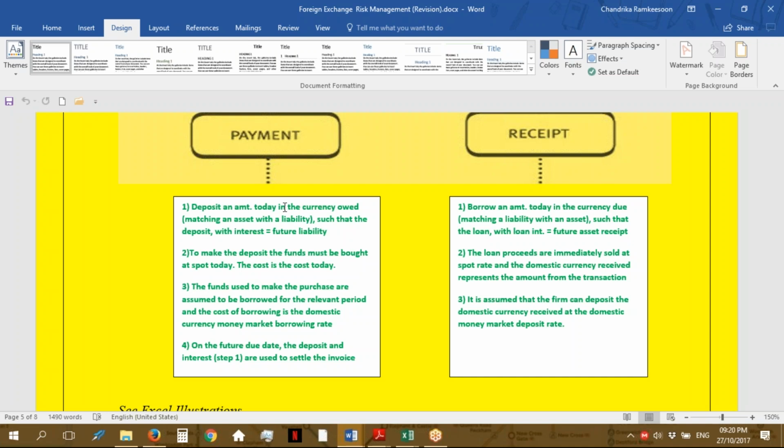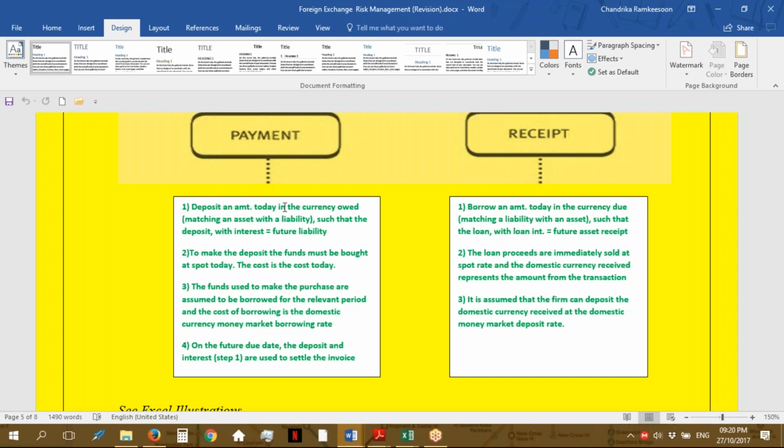You see, it's like creating a fund, okay, which will be used to pay off the future liability. So if you owe $500,000, what you're going to do is deposit less than $500,000 today, because the amount deposited will accrue interest over the 3 months, and at the expiration of the 3 months, you'll simply take it out and use it to settle your liability.